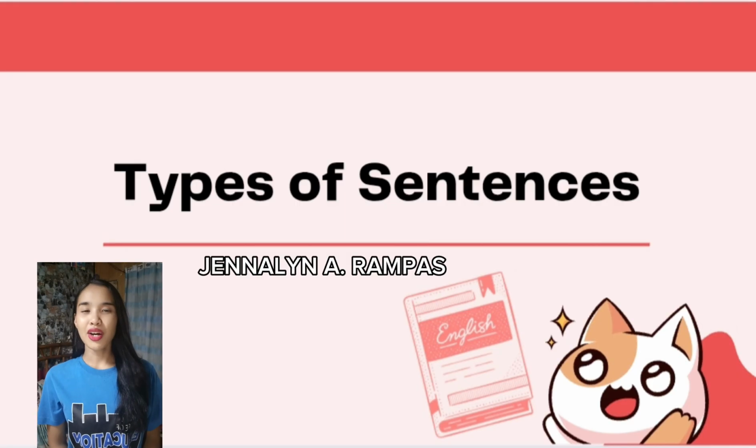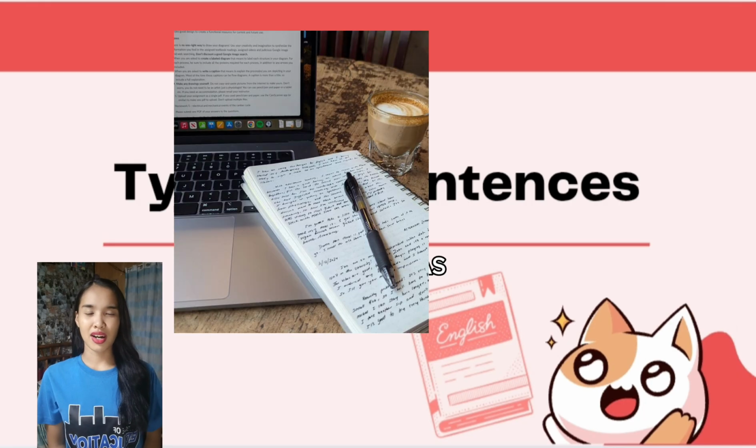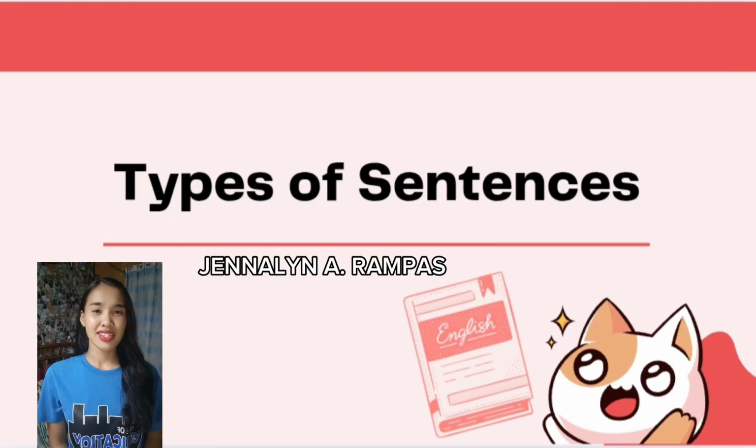Okay, so today we are diving into something you use every single time you speak, write a text, or craft an essay. The sentence, of course. So think of sentences as building blocks of language. However, just like building blocks, not all blocks are used for the same thing.